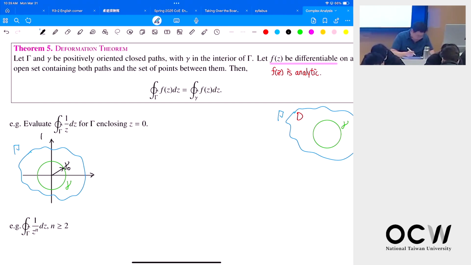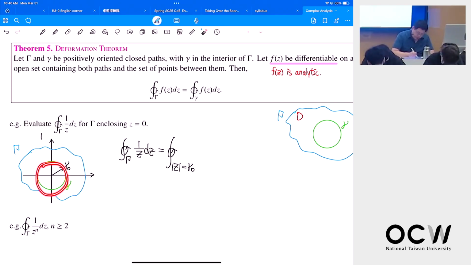Alright, so I want to do this circular integration. I can change that to this closed curve gamma, where the magnitude of this complex number is the radius gamma naught, 1 over z dz.